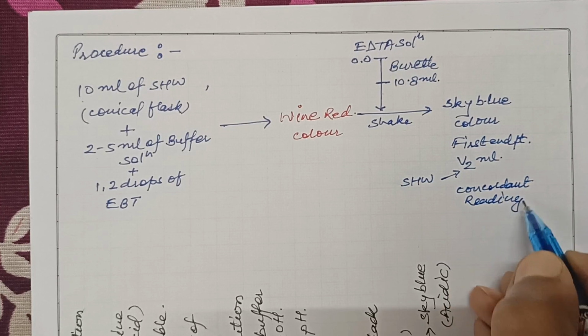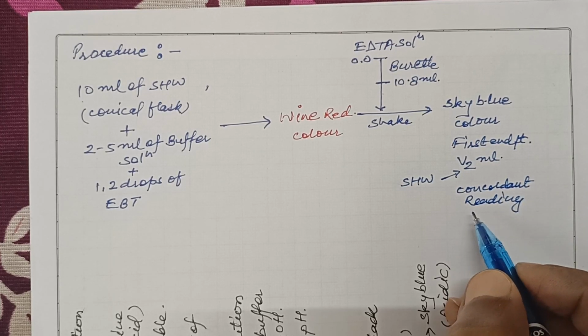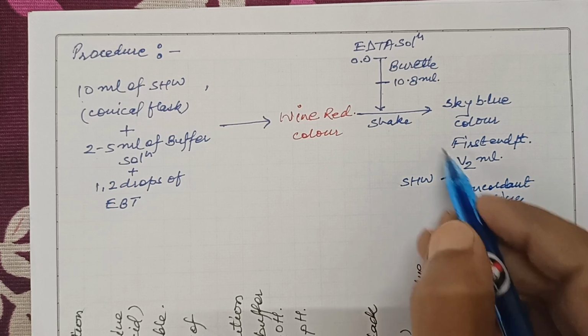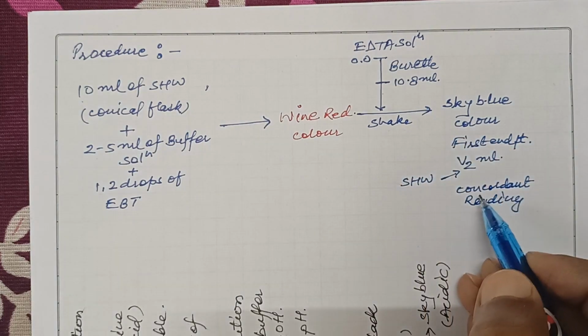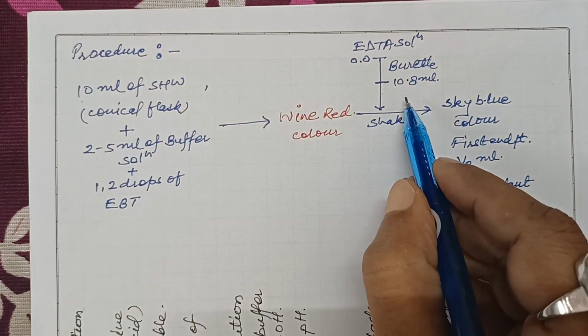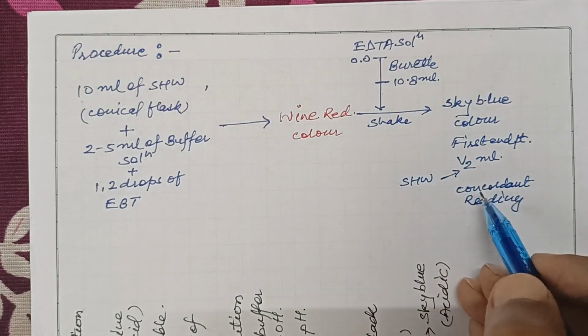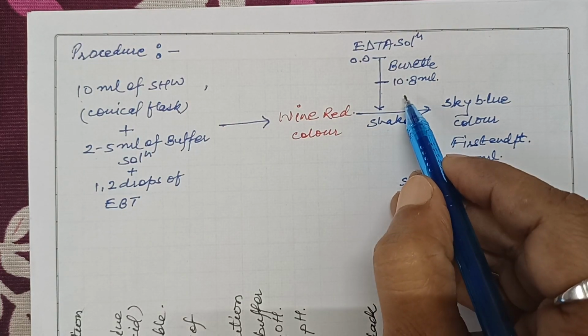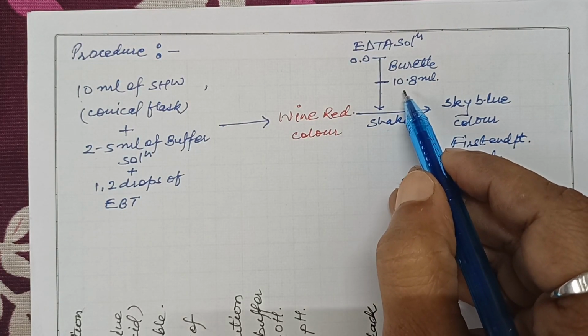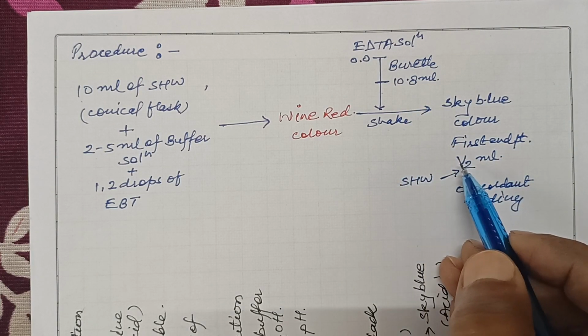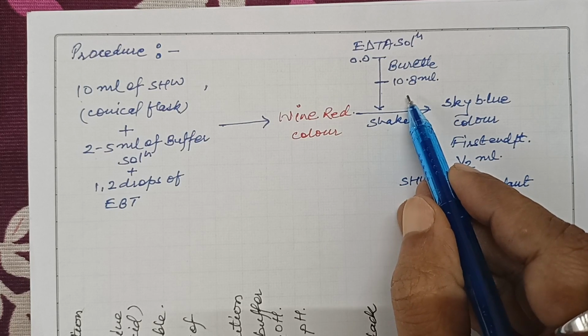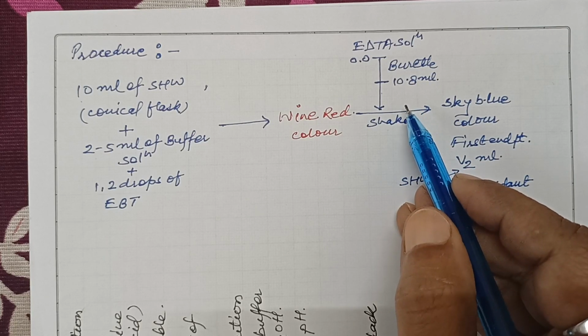That means to get consecutively the same reading, 10.8, 10.8. So when the second reading is also 10.8, there is a confirmation that the first reading is correct.